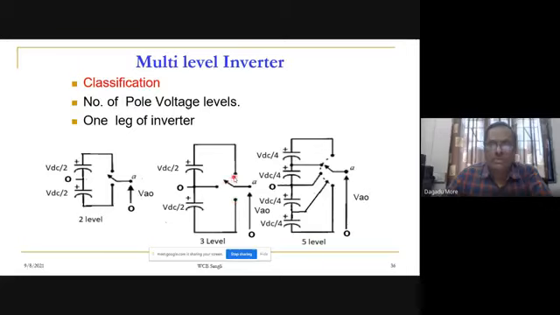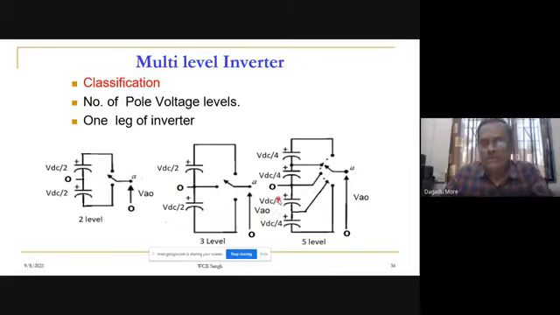When the switch is at the upper side, we get plus VDC by 2. When the switch is in the middle, the O point is shorted with A, so VAO is 0, and when the switch is at the lower side, our output voltage is minus VDC by 2. So we have three levels: plus VDC by 2, 0 and minus VDC by 2.